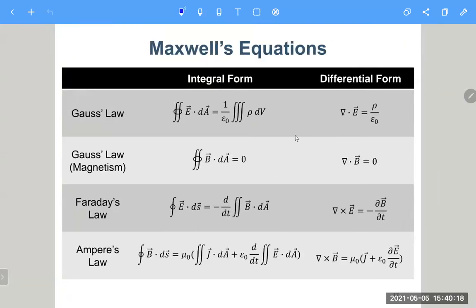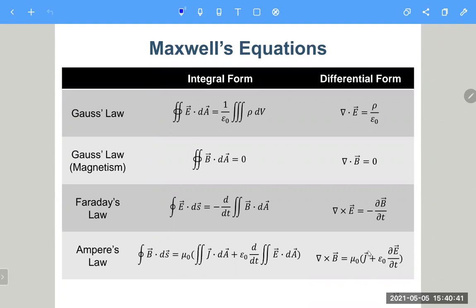So by using the divergence theorem, or the Gauss theorem, we can derive the differential form of Gauss's law, and we can make use of the Stokes theorem to derive the differential form of Faraday's law and also Ampere's law.